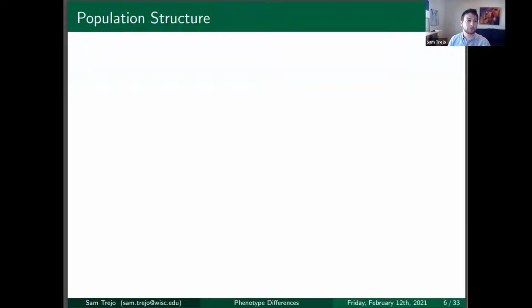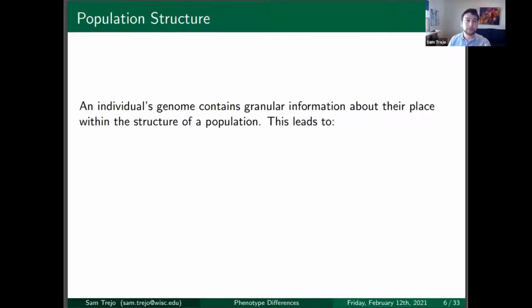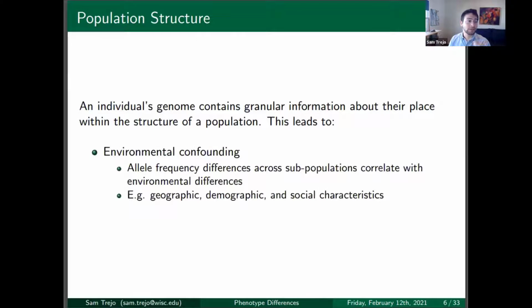So quickly, I'll review the issue of population structure. An individual's genome contains granular information about their place within the structure of a population, basically where they fit in this big family tree of humanity. And this leads to potentially environmental confounding. So allele frequency differences, the commonness of a certain genotype across subpopulations, correlate with environmental differences.